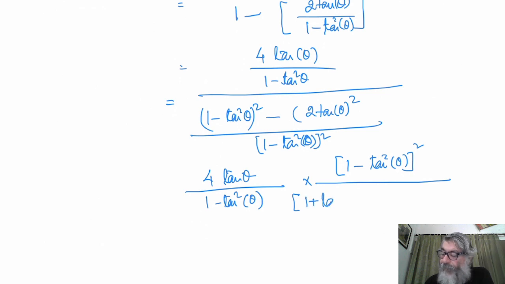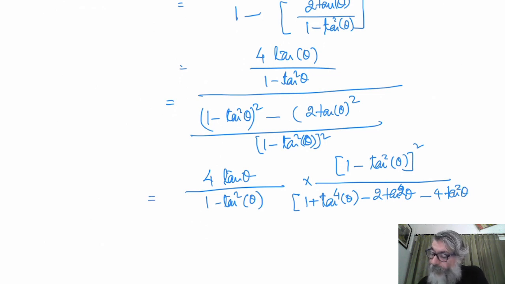It will become tan 4 theta minus 2 tan square theta, and minus 4 tan square theta.